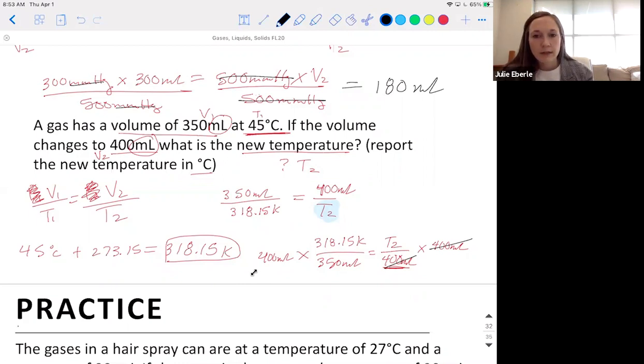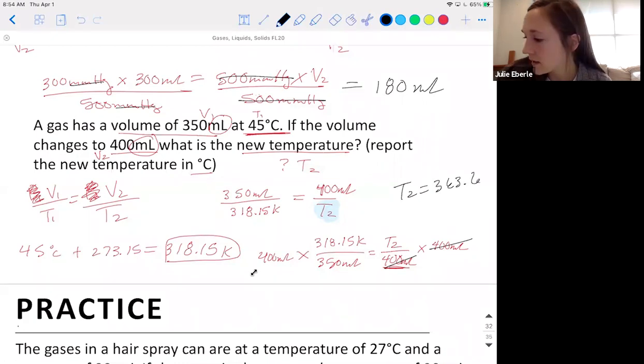And then we'll convert it back to Celsius. What do y'all get? Volume went up, so temperature should go up because remember they're directly proportional. So we got that T2 equals 363.6 Kelvin. And Bailey already put it in Celsius for us. You need friends like that in your life.